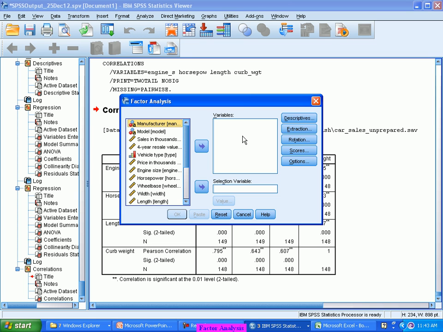What we are doing in this process is we have to give all the variables which we think are our independent variables. So the engine size, the horsepower, the length, the curb weight.